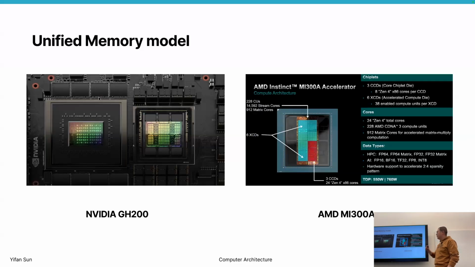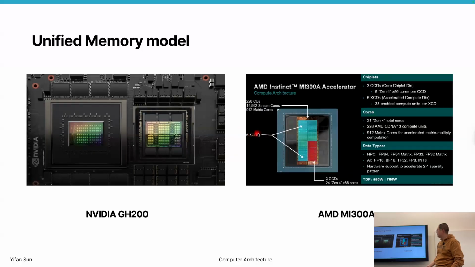Then AMD MI300A is another GPU that you can see. This is a more fundamental chiplet technology. So what is chiplet technology? AMD is very good at chiplet technology. Even today, NVIDIA is not really using chiplet technology, right? So AMD has 6 XCDs. They don't call them GPUs.